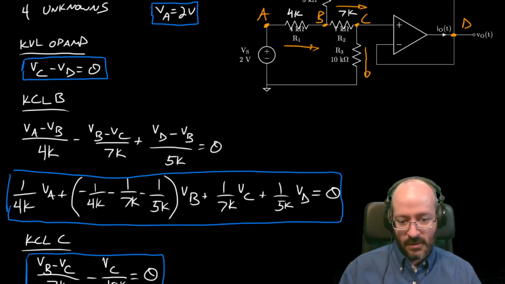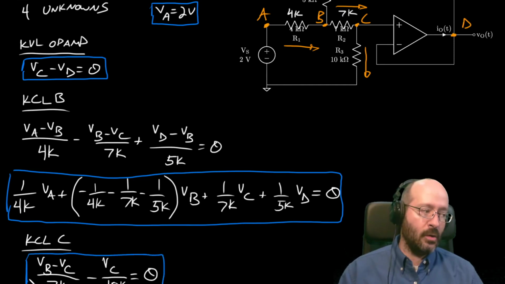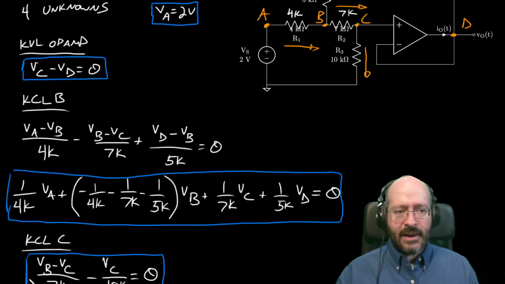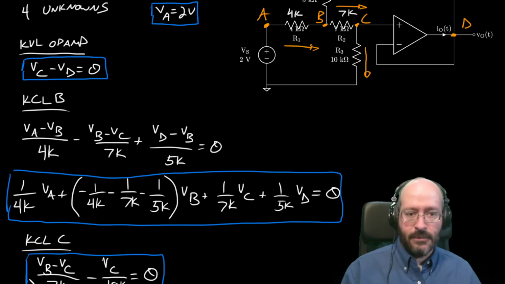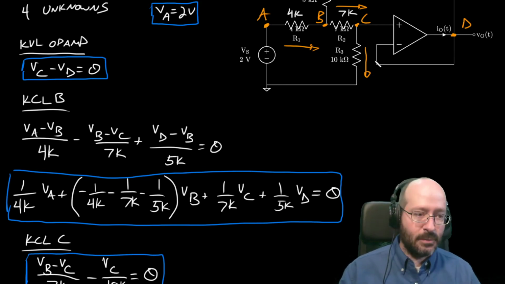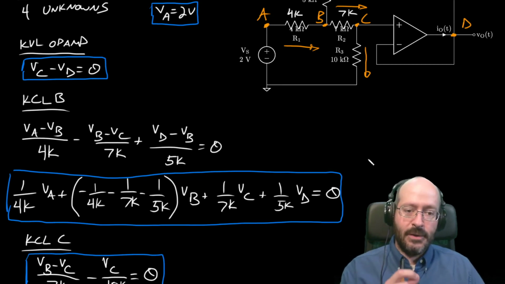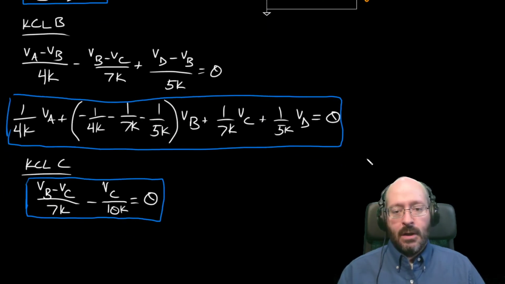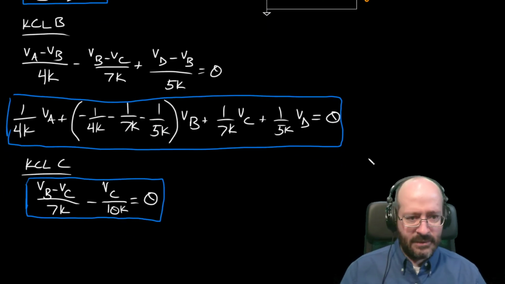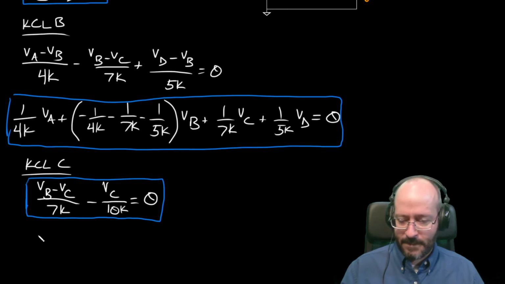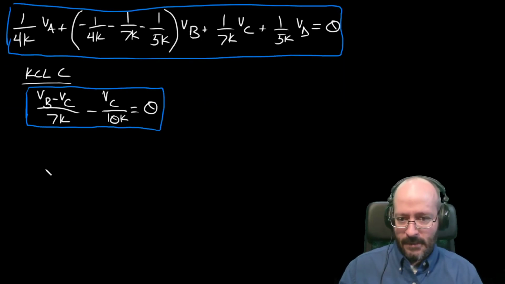Okay, so we've got our 4 equations for our 4 unknowns. We've got to go solve it, find the node voltages, and then once we have the node voltages, we'll come back and we'll figure out how to get I out of that information. If you know the node voltages, you can find any other value in the circuit. Okay, so let me squeeze all this stuff in here and start us out.